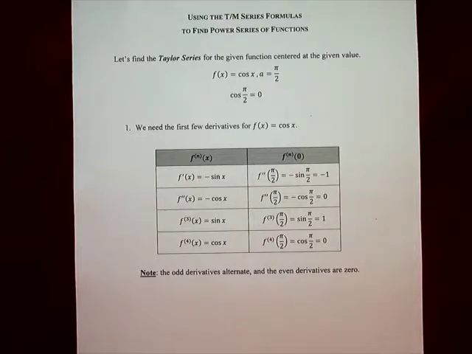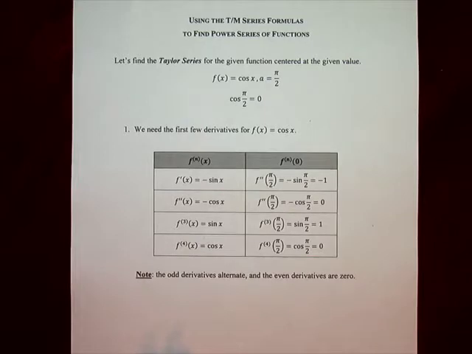That's different than the one that we did in class, which had sine x centered at pi over 4. But let's go ahead and do this one, and then we will move on to further examples. And I think these plus the ones that we did in class will help us get our handle on what's going on here.